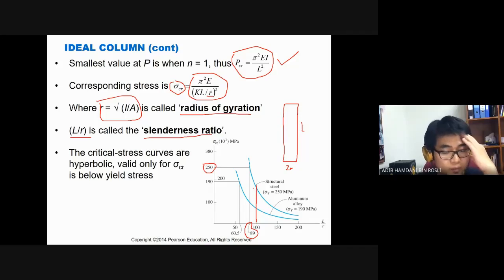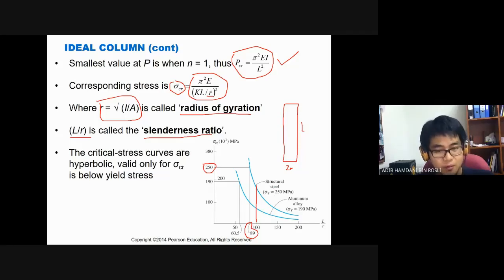Why is this important to understand? Because if that happens, for instance with a ratio of 100, you get a critical buckling stress of, for instance, 170 megapascal here. It means that if you apply load, the column will buckle first.